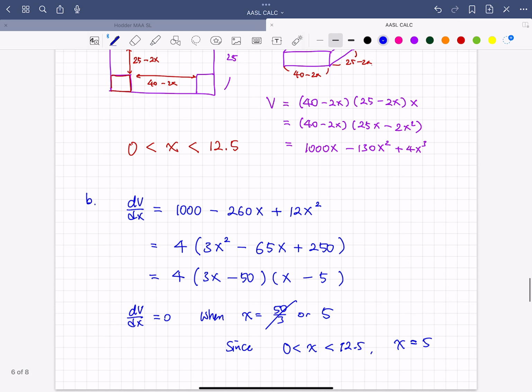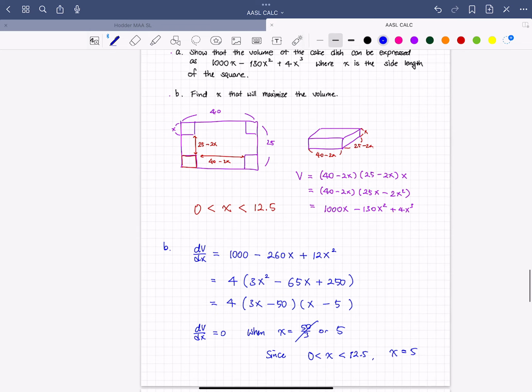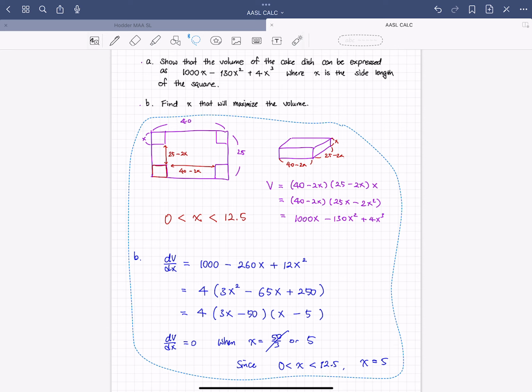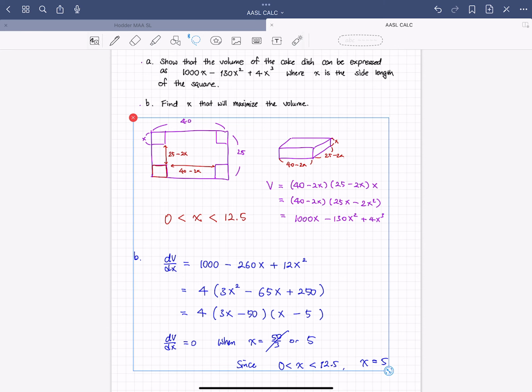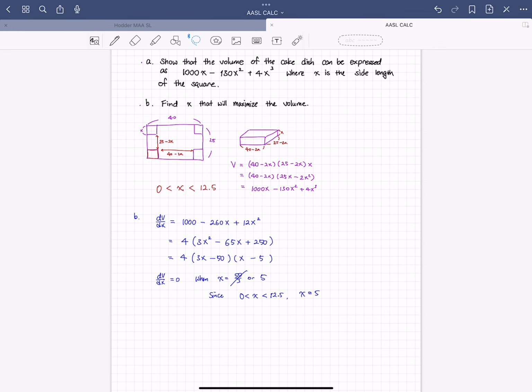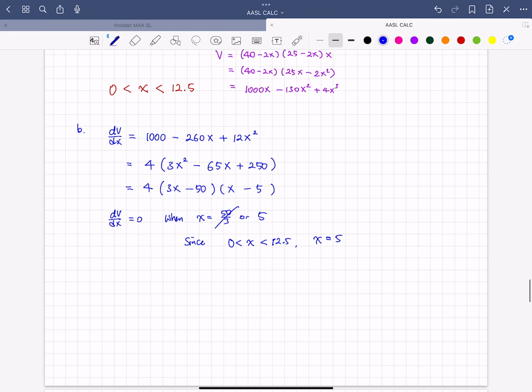There, I would need to confirm that it is in fact a maximum, because having a stationary point doesn't guarantee that I have a maximum. It could be a minimum or it could be neither, so I should check. You can check however you like.